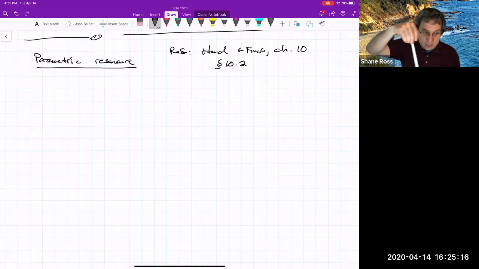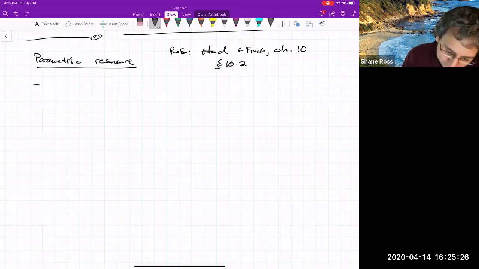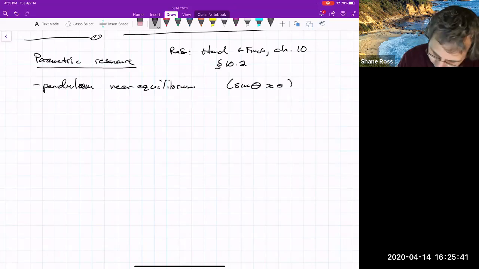So let's say I was changing G a little bit in time, so that I had G slightly increasing and slightly decreasing. Let me get more precise about what I mean. We're looking at the pendulum near the bottom position equilibrium, so we could use sine of theta as approximately theta.